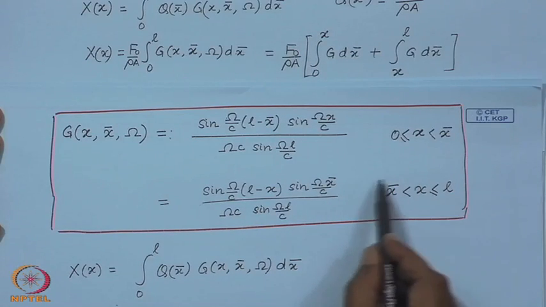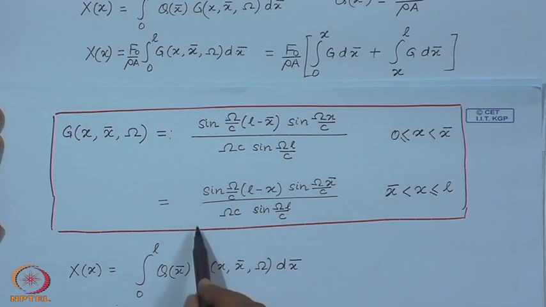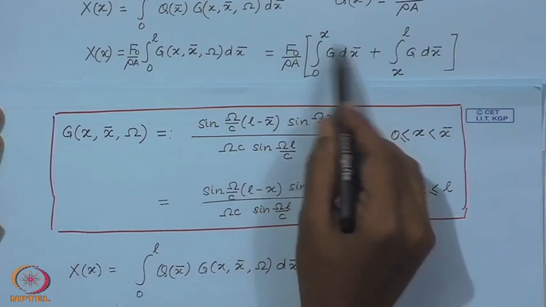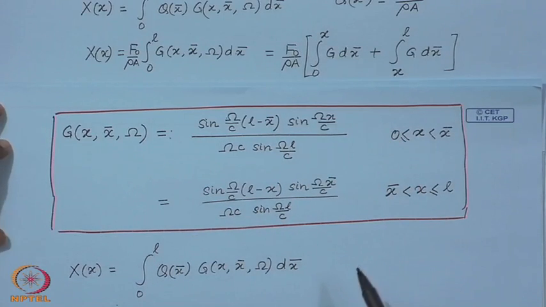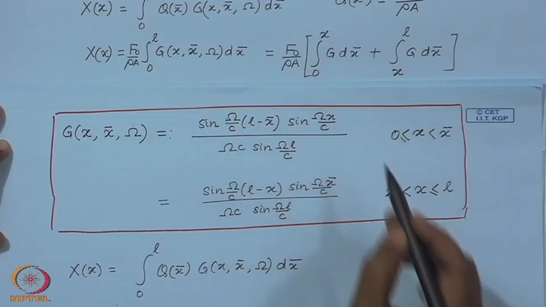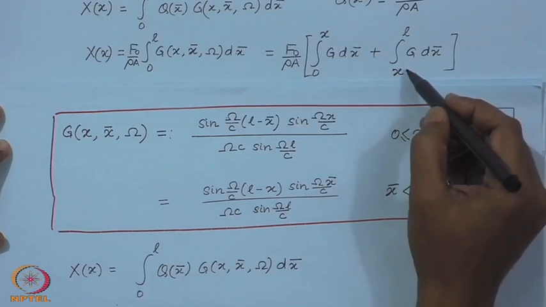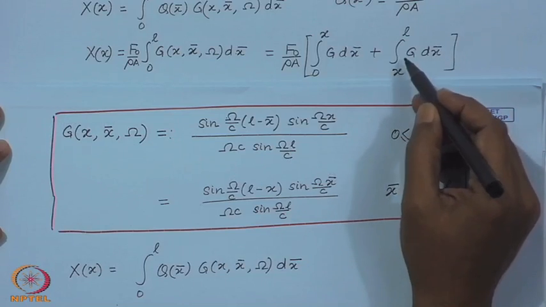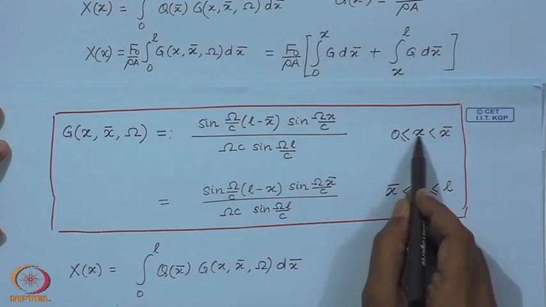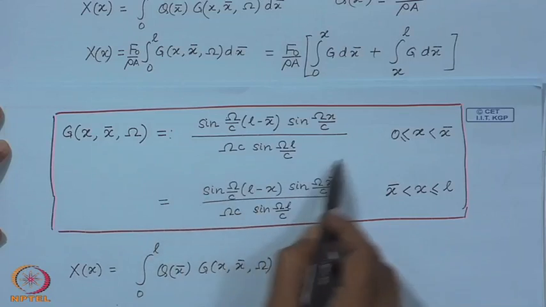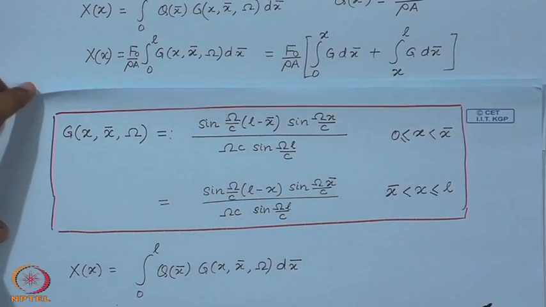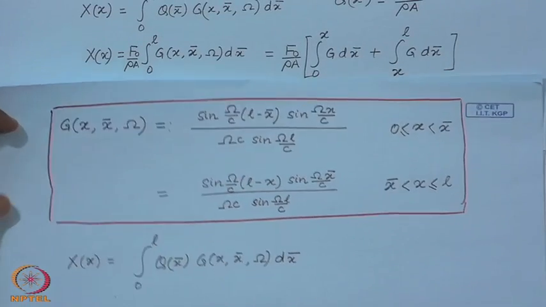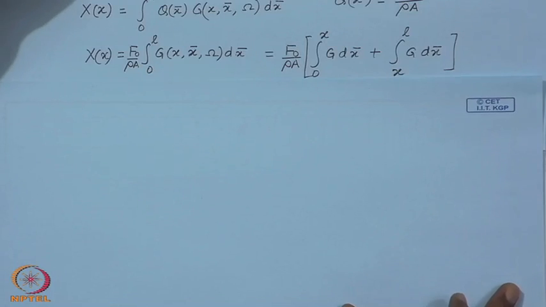So, this is the function corresponding to the integrand of this integral. Whereas, from x to L, when x bar is greater than x, this must be the integrand. So, let us now carry this out.